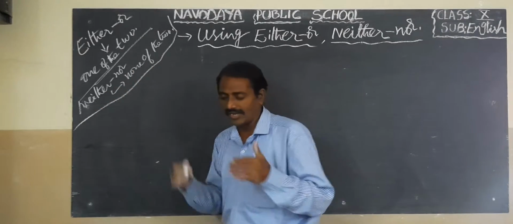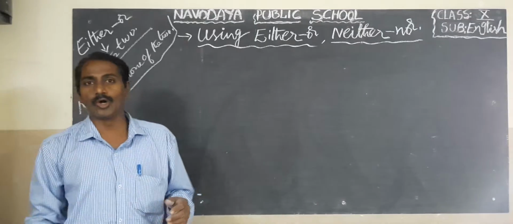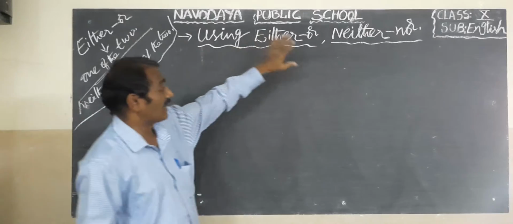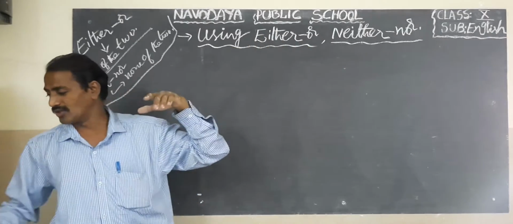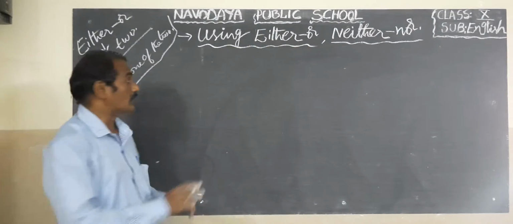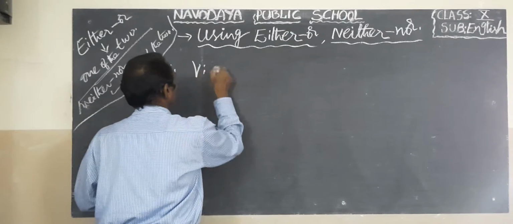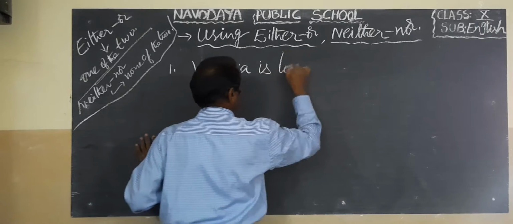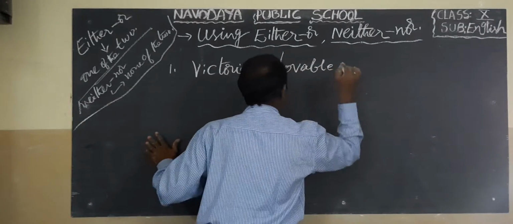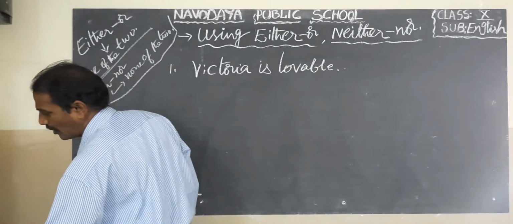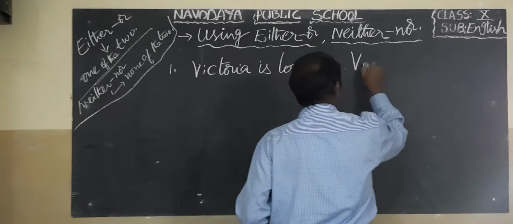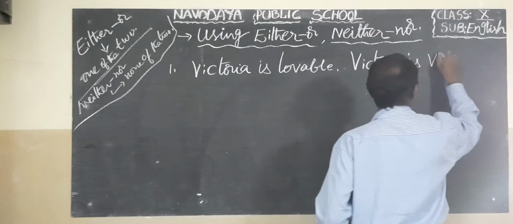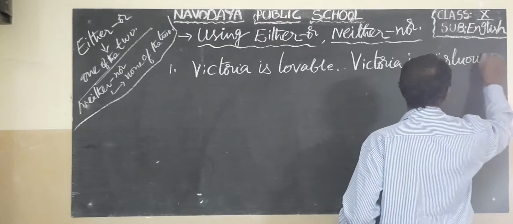Then I am going to show how to use either or and how to use neither nor in examples. First, children, see that Victoria is lovable. Victoria is virtuous.